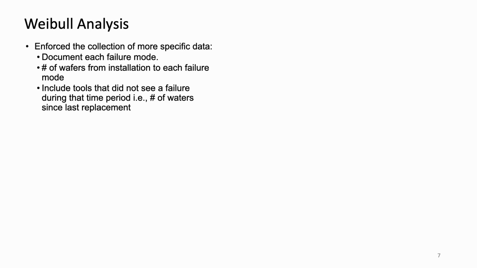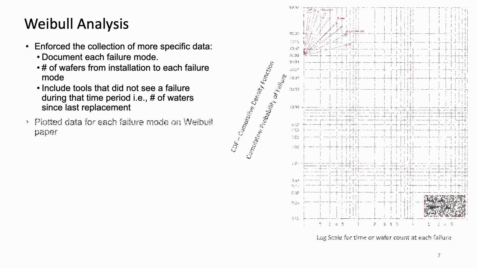So, Weibull analysis. This is where we need to enforce the collection of more specific data, documenting each failure mode instead of just the failure, number of wafers from installation to each failure mode. We need to include tools that did not see a failure during that time period, the number of wafers run since the last replacement without requiring that replacement yet.